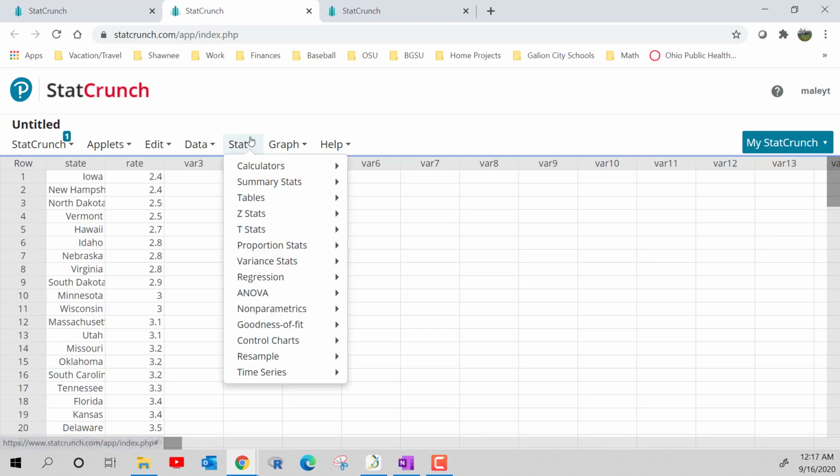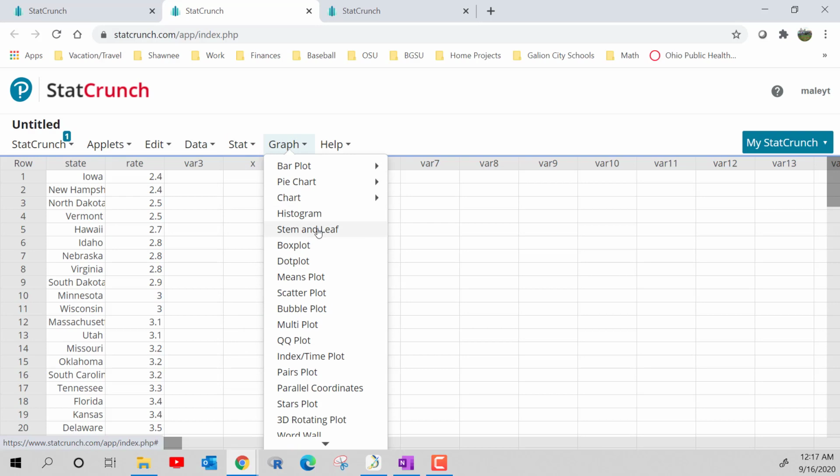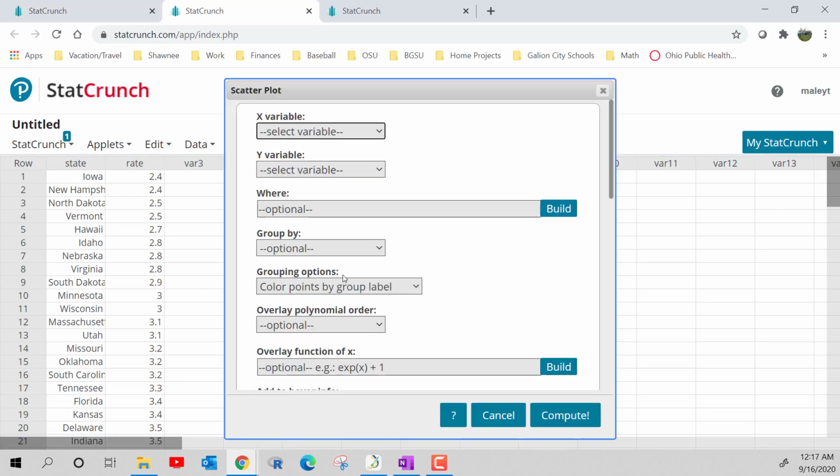Now what I can do is go to graph and then go to scatter plot. For the x variable, that would be x. The y variable would be y, what we named y.